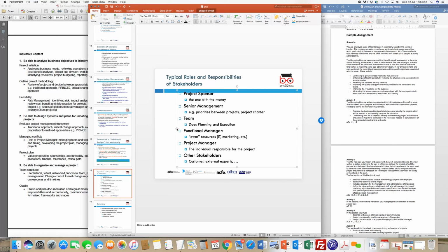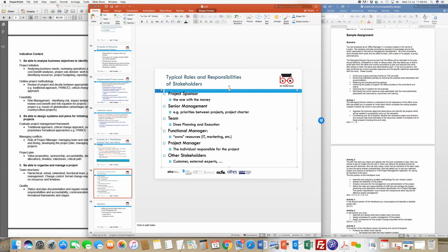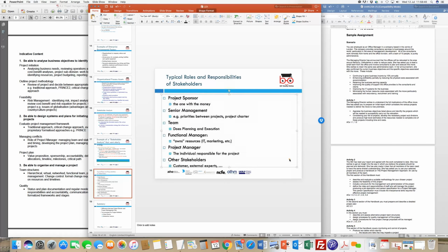Now, when we look at stakeholders in project management, there are these basic types of stakeholders and their responsibilities when you start a project. One is the project sponsor, the word I've used before, which means the person who has the money. In short, the person financing this project.